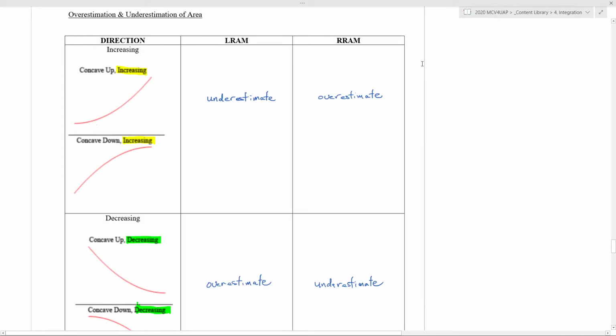So this slide here, this chart, all this is doing is summarizing LRAM and RRAM. When would you get an underestimate and when would you get an overestimate? If the function is increasing, as the top half of this chart shows, it doesn't matter whether the function is concave up or concave down, as long as it's increasing, LRAM would give you an underestimate, and the right rectangular approximation would give you an overestimate.